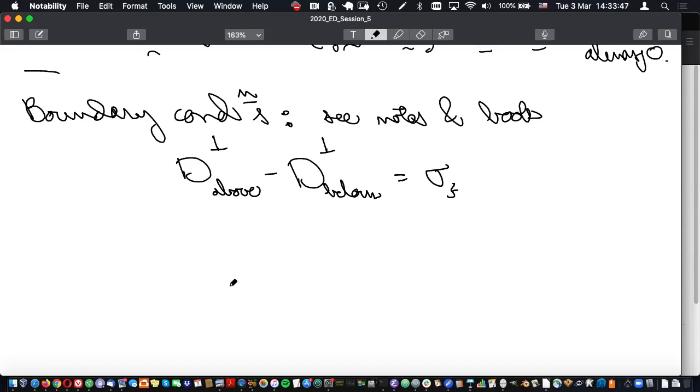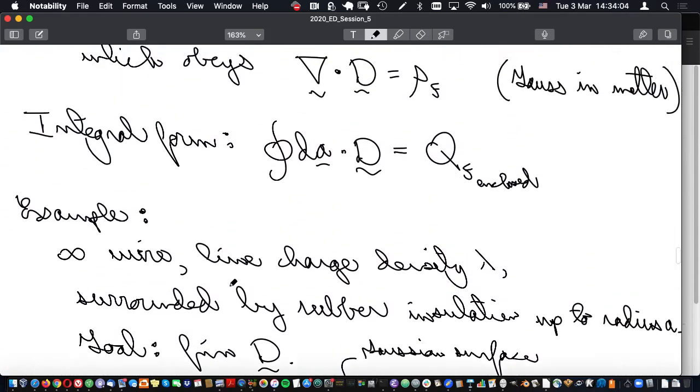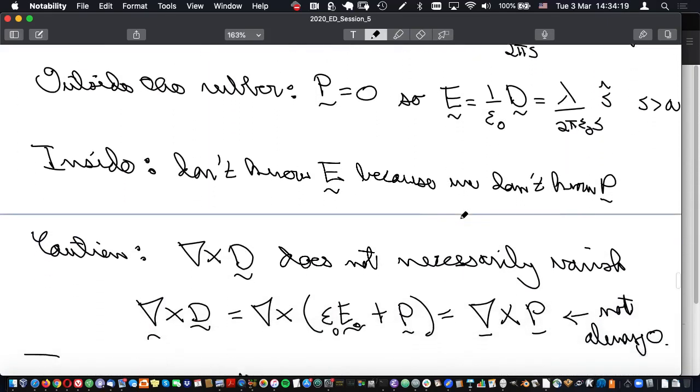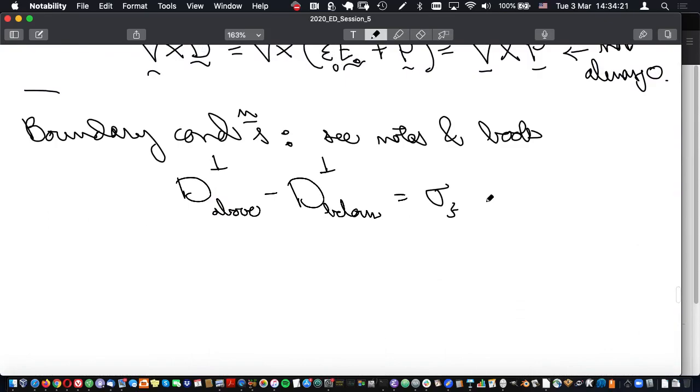You bring the Gaussian pillbox depth to 0, and that's just D perpendicular above minus D perpendicular below, which contains charge with a surface density sigma. So you already see where this equation comes from. It's just using this on a surface with free surface charge density sigma F, doing a little pillbox, and then taking the height of the pillbox to 0. You get that the difference in D perpendicular above and below is just sigma free.